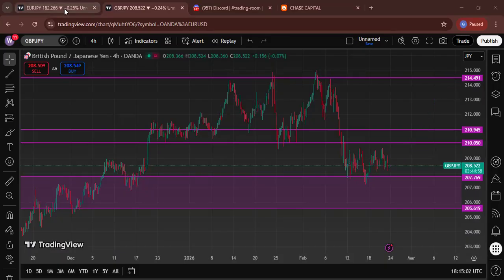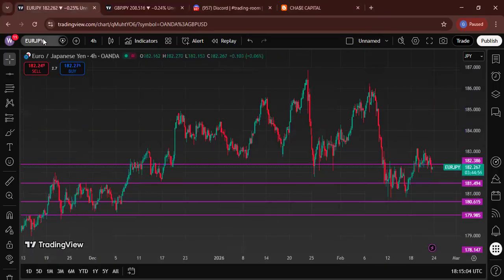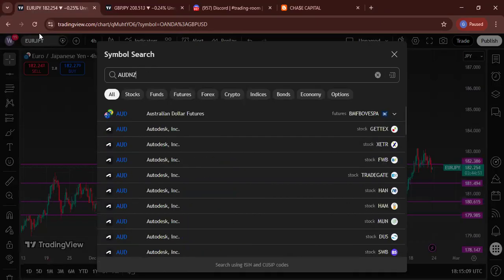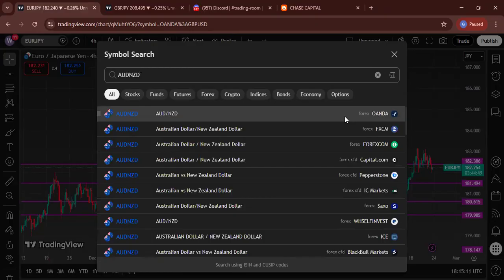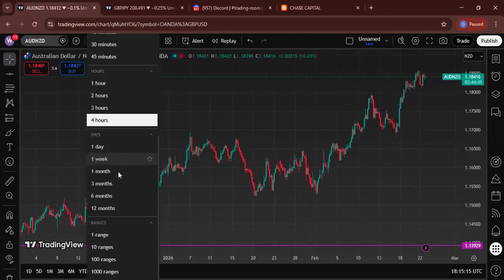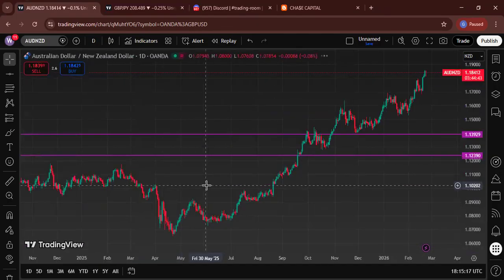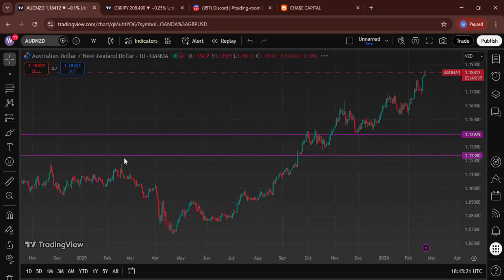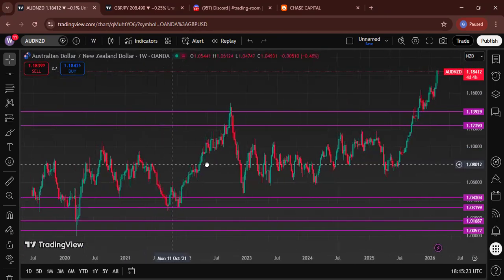Then there was AUD NZD. Yeah, there is AUD NZD. So if I come to the daily, it's forming all-time highs.